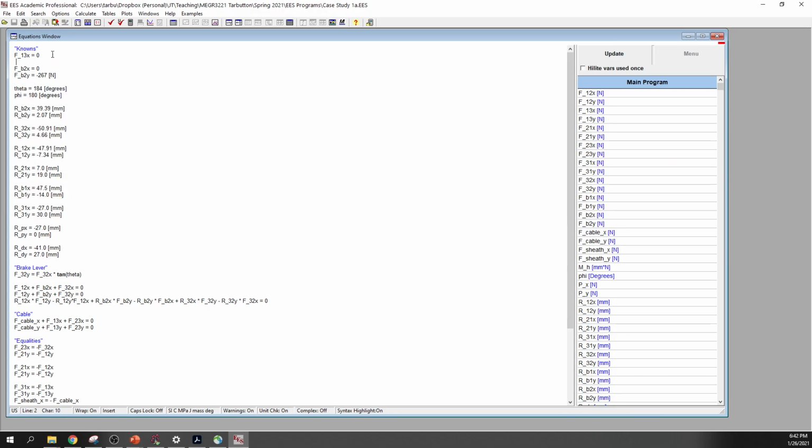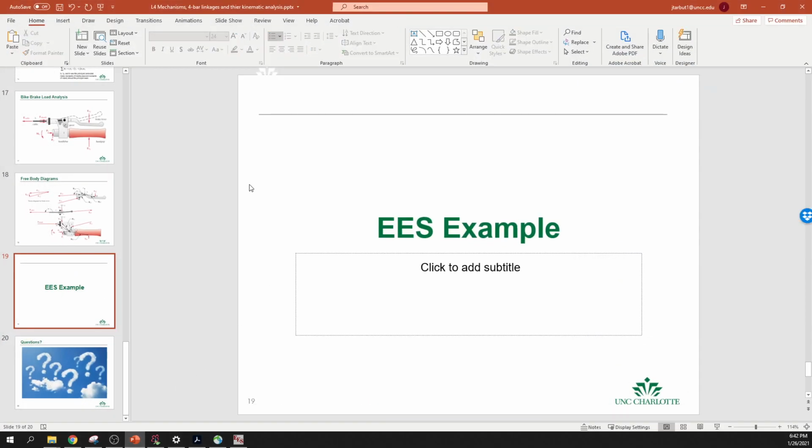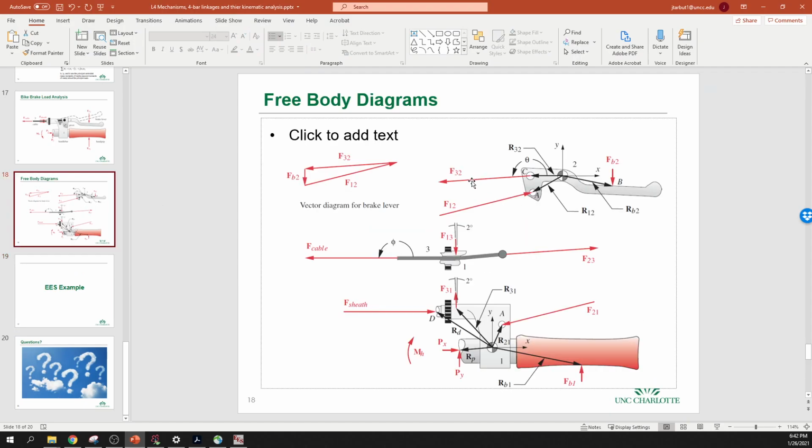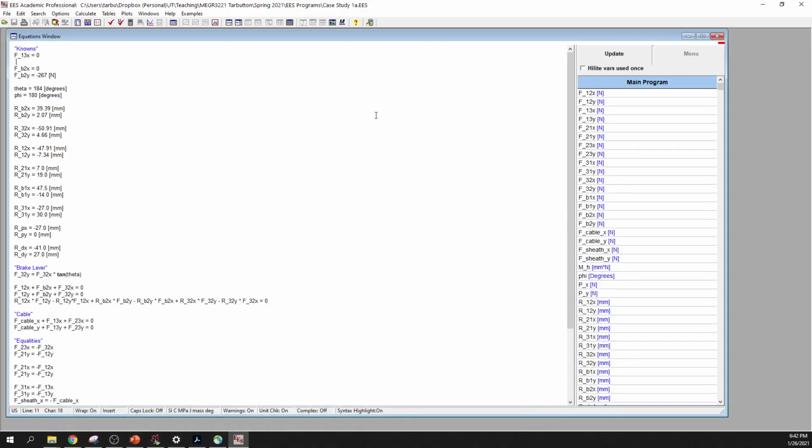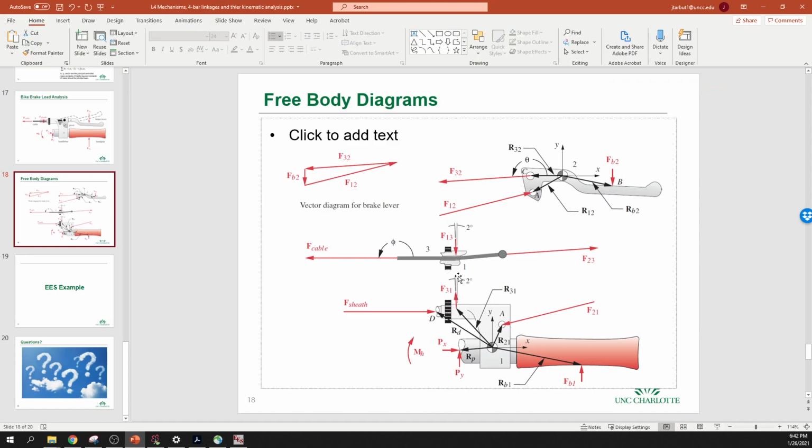These are the knowns. Okay, so we know that F13, for example, F13 here, and F31, we're assuming that the X component is really small, F13 and F31, and then here we have this F23.